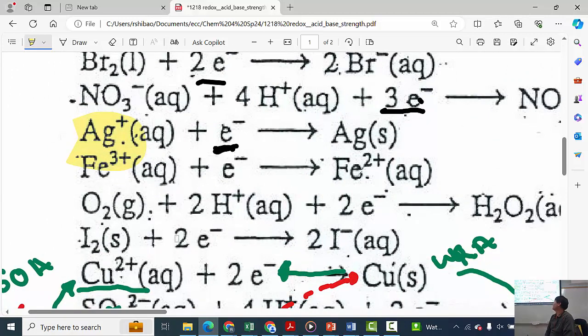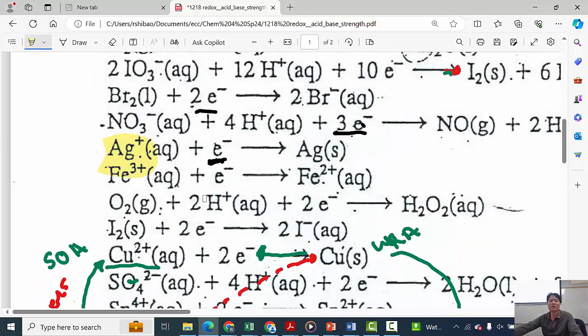It can oxidize a lot of things, a lot of things you don't want it to oxidize, like it can easily oxidize the skin on your hands.